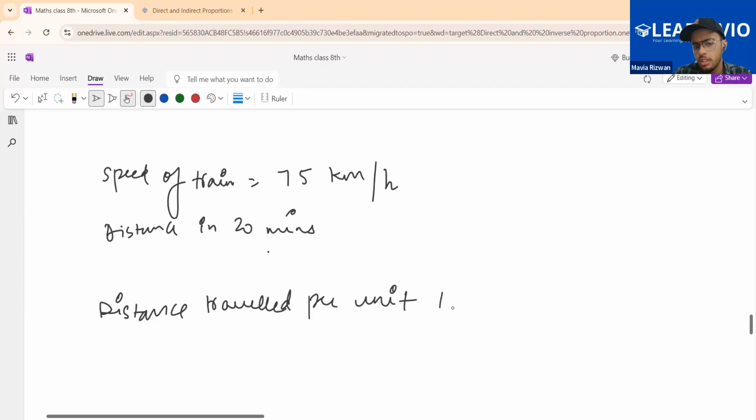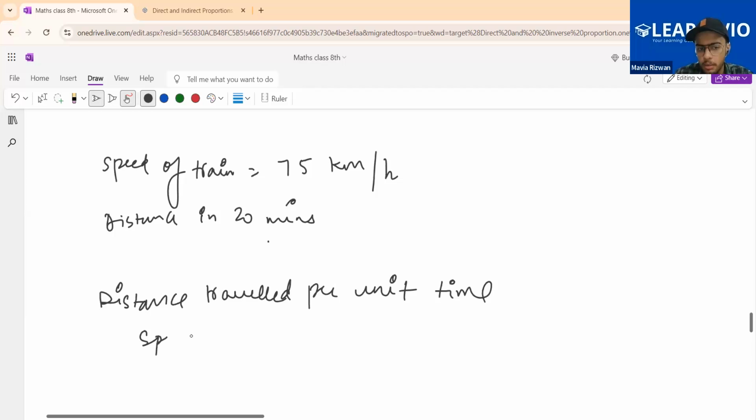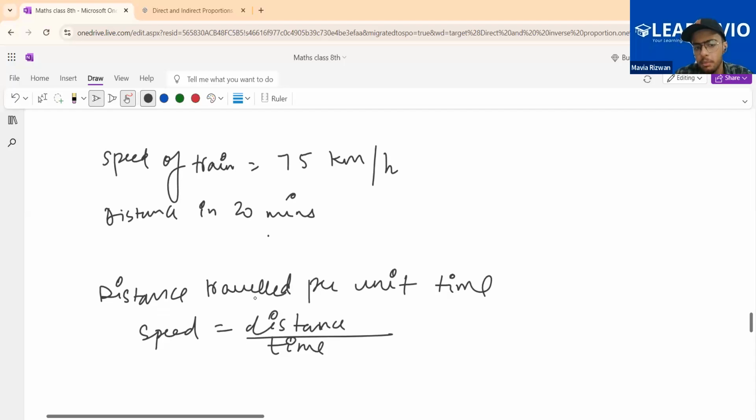This is the speed formula which you must have learned in physics. So speed is equal to distance upon time. I want a yes or no from everyone: have you ever heard about that formula? Yes, sir. Okay, so you have heard about the formula, speed is equal to distance upon time.